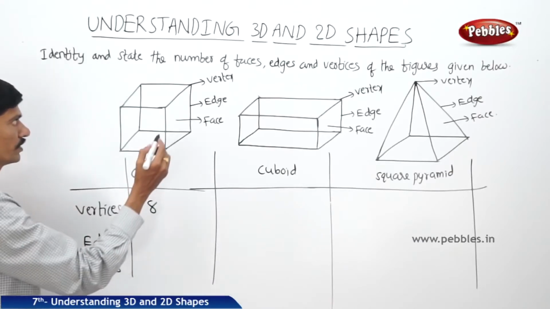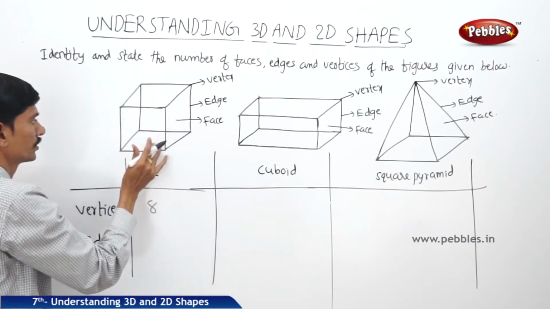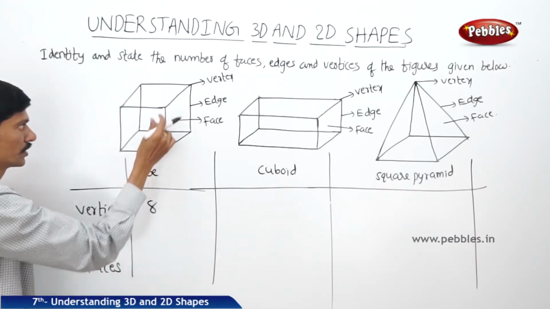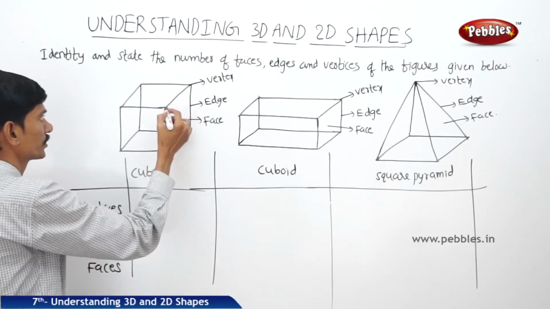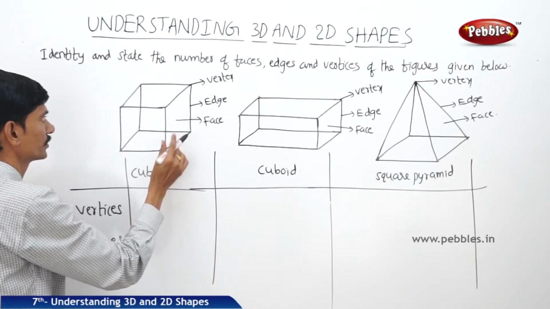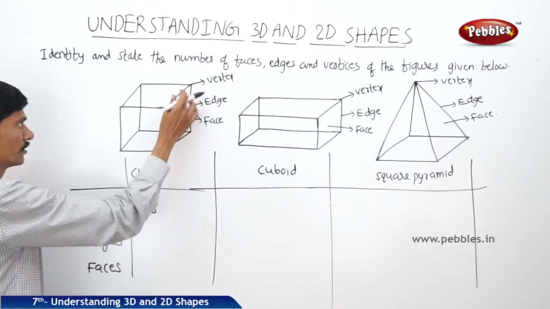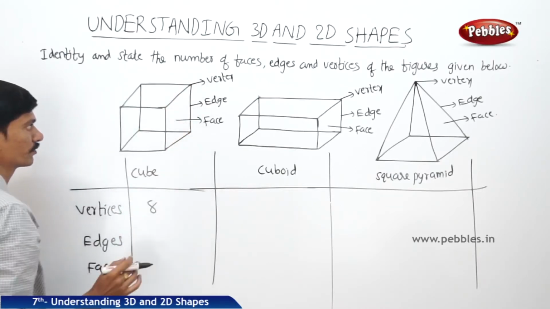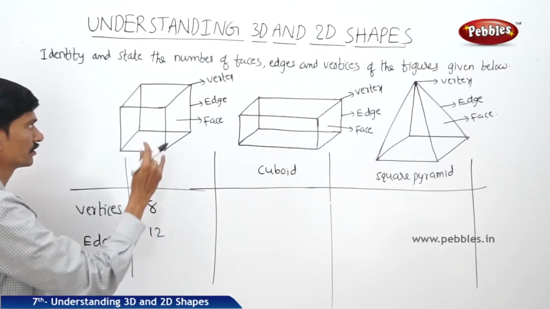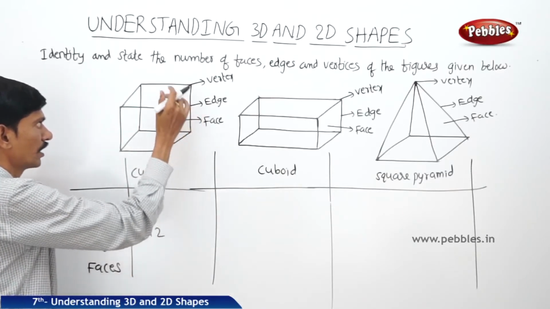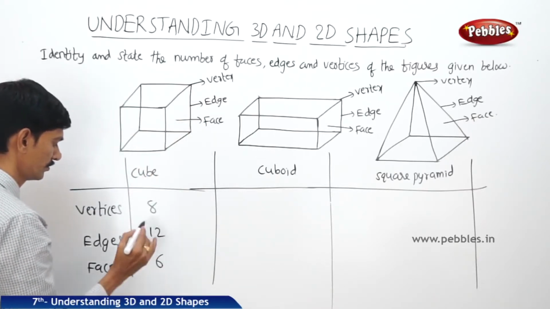Now the edges, in the top 1, 2, 3, 4, and in the bottom also 4. 4 plus 4, 8. In the top 4, in the bottom 4, and by the side 4, so 4 plus 4, 8 plus 4, 12 edges. And the faces, 4 lateral faces, and the top and bottom, so total 6 faces.